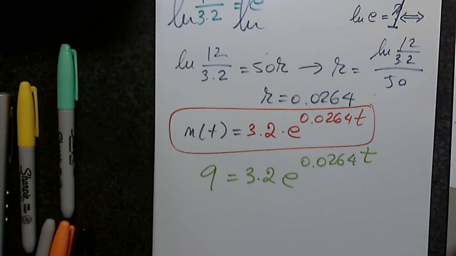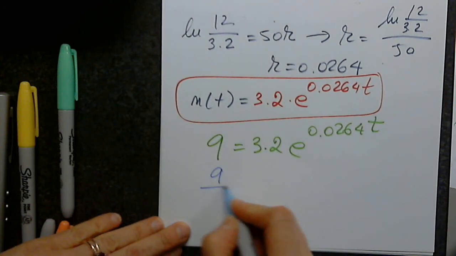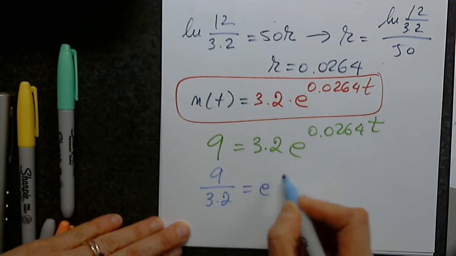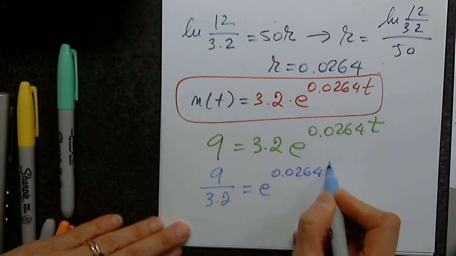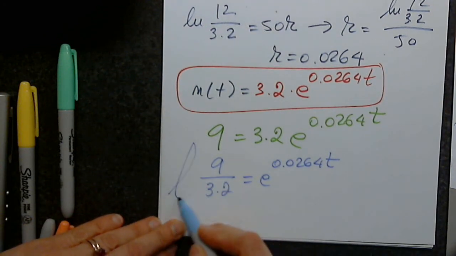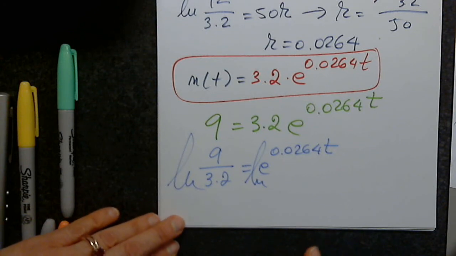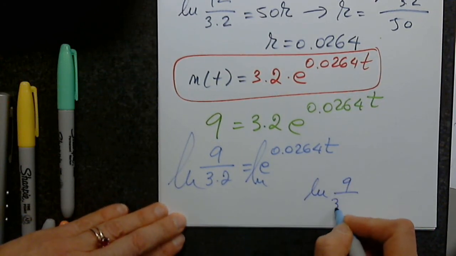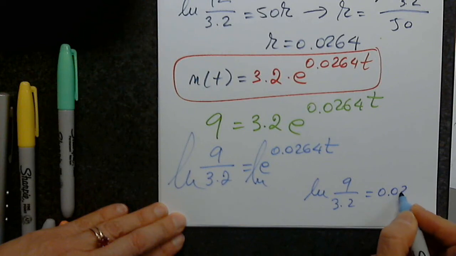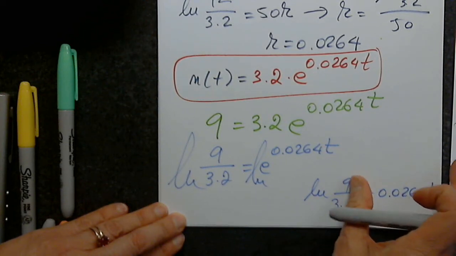What do I have to do next? Very good. I divide by 3.2. Yes. And how much is ln e? 1. Natural log 9 over 3.2 equals 0.0264 t.